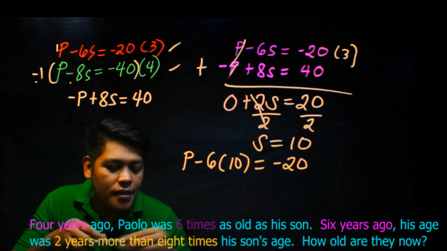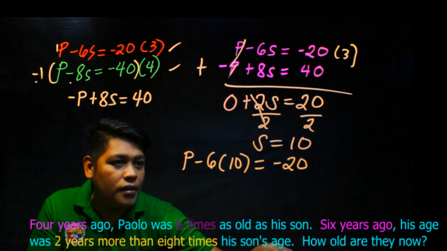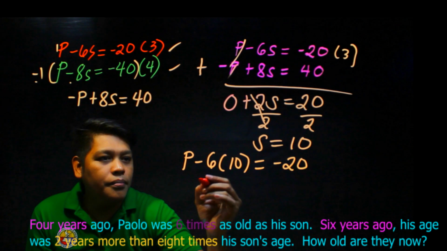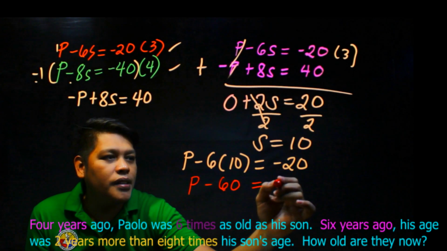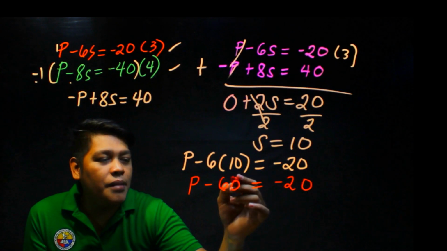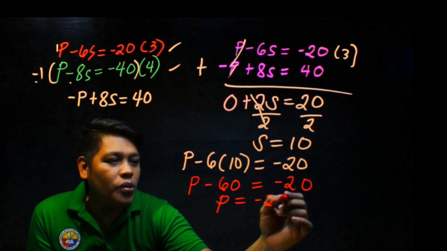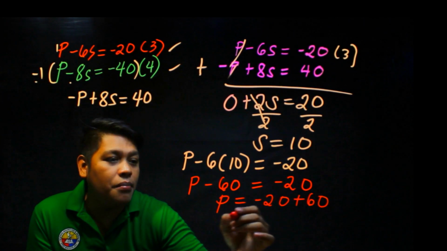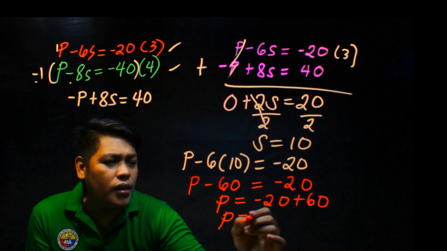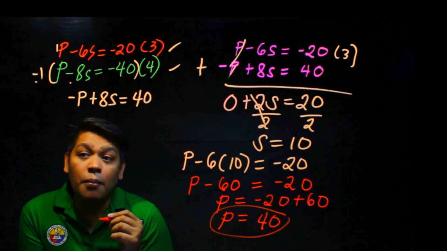Negative 6 times 10 is negative 60. Lilipat natin doon yung negative 60. So, P equals negative 20 plus 60, magiging positive. So, P equals 40. So, ito yung edad ni Paulo.